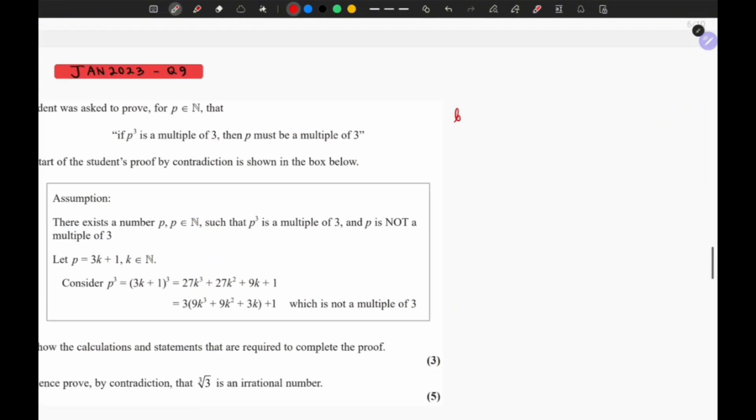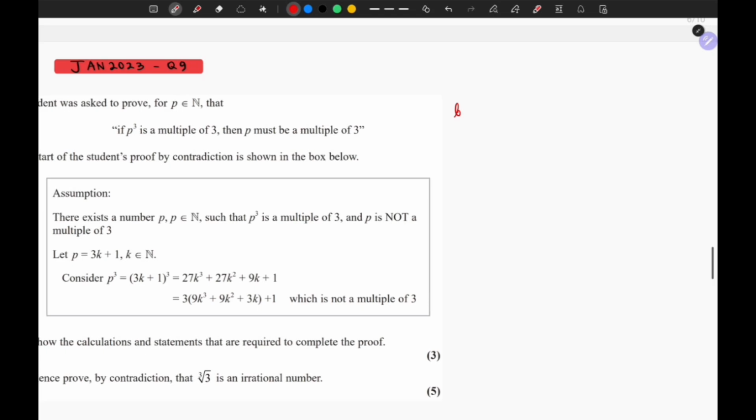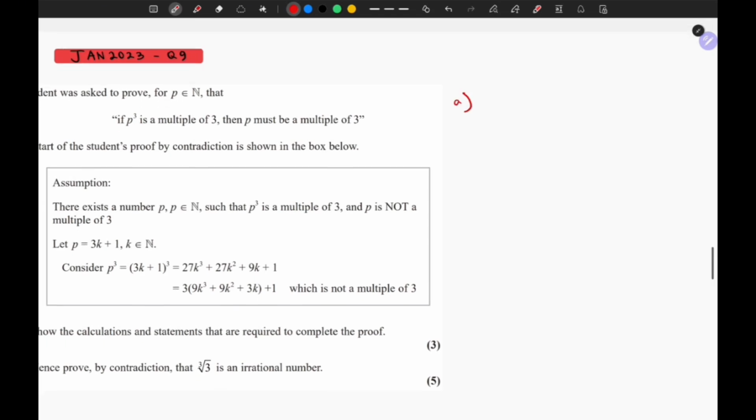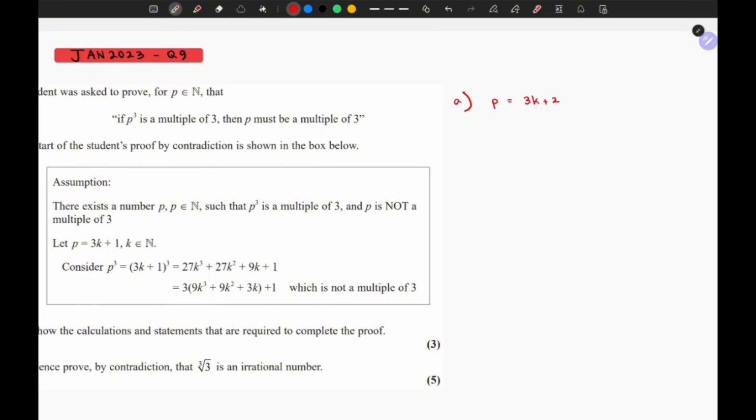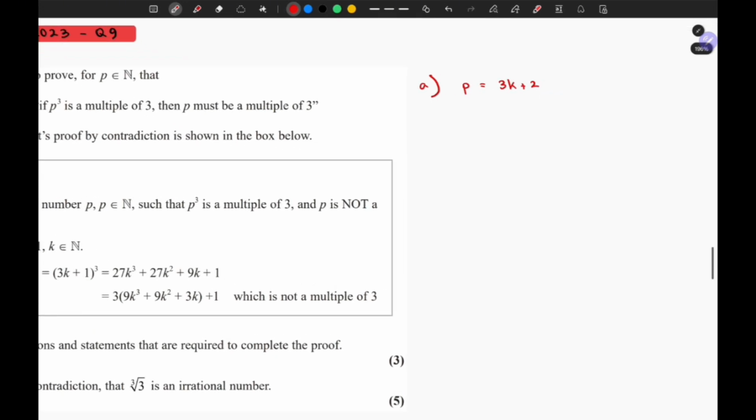Now, for part B, so for part A, another thing is that since p is not a multiple of 3, p can also be written as 3k plus 2. If we add 3 to it instead of 2, this would have been a multiple of 3.